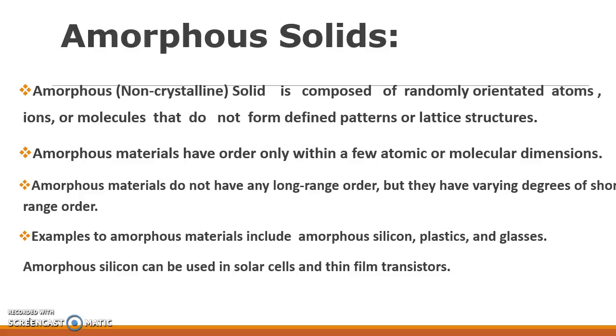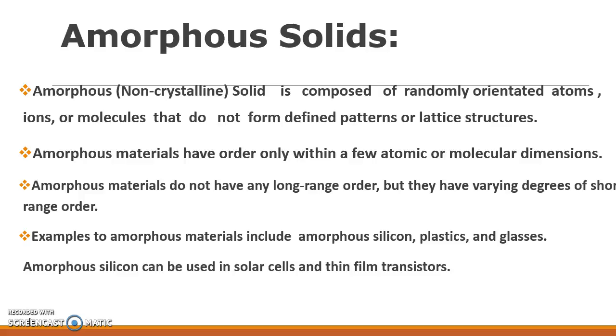An amorphous or non-crystalline solid is composed of randomly oriented atoms, ions, or molecules that do not form defined patterns or lattice structures. Amorphous materials have order only within a few atomic or molecular dimensions, and do not have any long-range order, but they have varying degrees of short-range order.